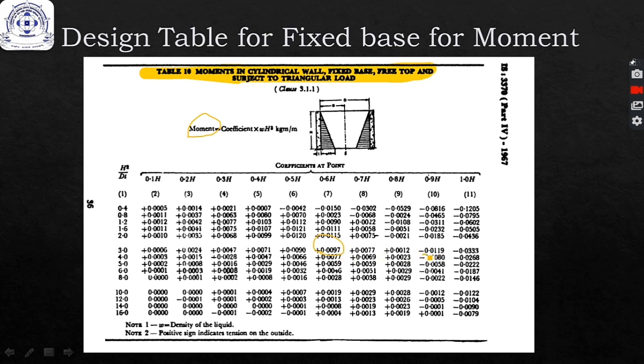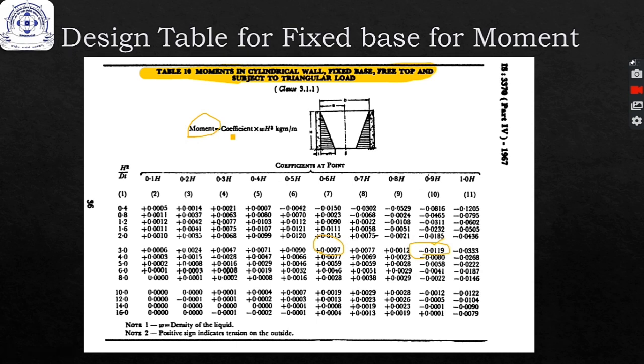This is the maximum value, 0.0019. Ignore the negative sign, just look at the maximum value, not the sign. So the cantilever moment coefficient, bending moment coefficient will be 0.0019. We substitute it here to get the maximum moment.